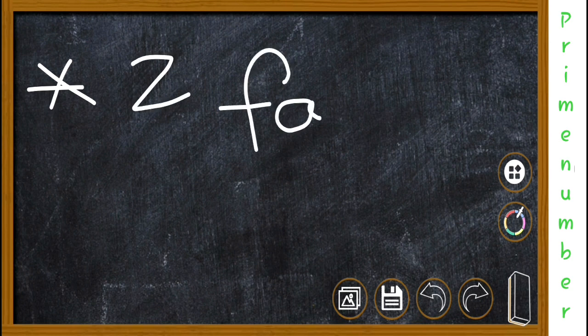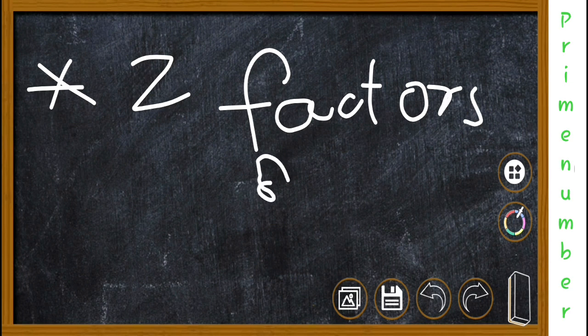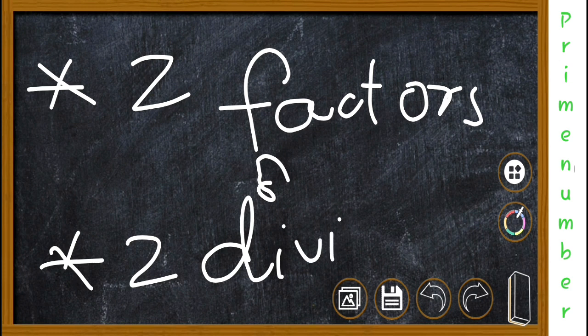Prime numbers, the basic concept, will have only two factors, or only two divisors. This is the basic logic behind the program, and we will implement this logic in our program. So let's go and implement it.